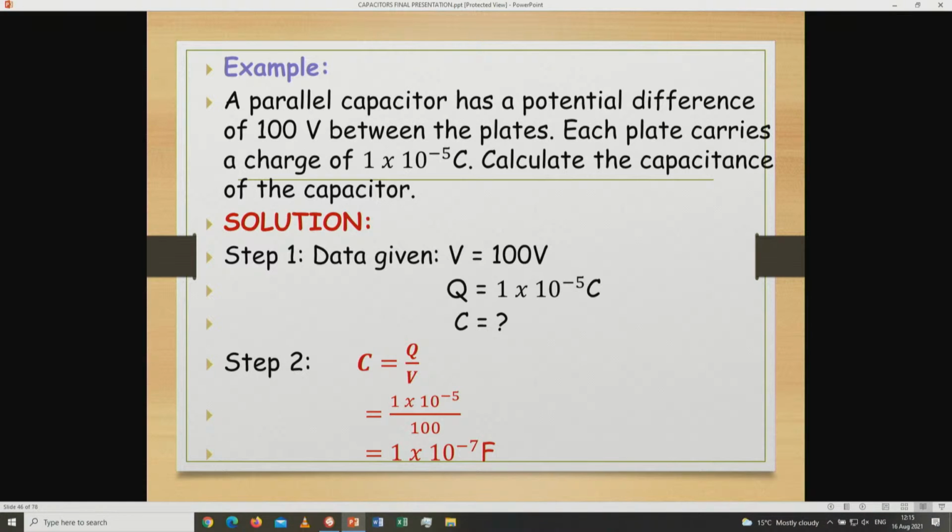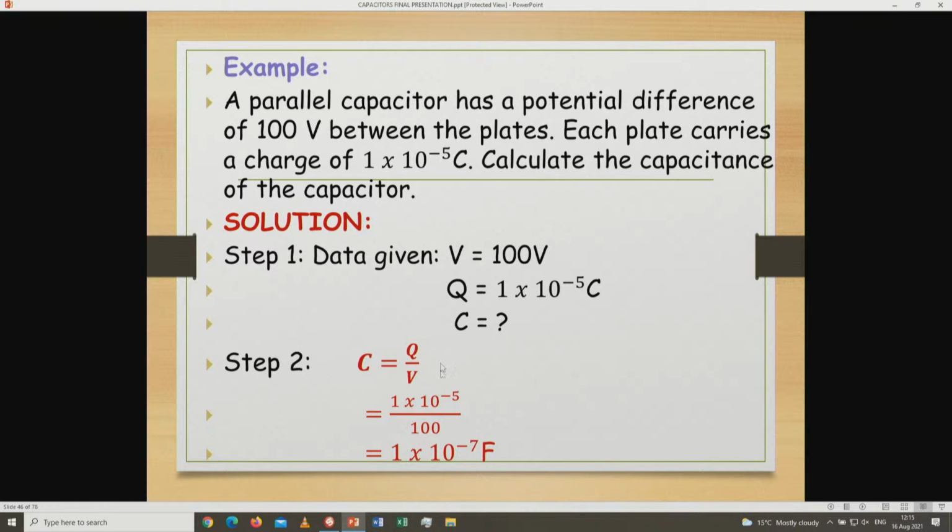Here's an example. A parallel plate capacitor has a potential difference of 100 volts between the plates. Each plate carries a charge of 1 times 10 to the power negative 5 coulombs. Calculate the capacitance of the capacitor. Step 1: we check all the data that we are given. We are given a potential difference of 100 volts and a charge, and we need to calculate the capacitance.